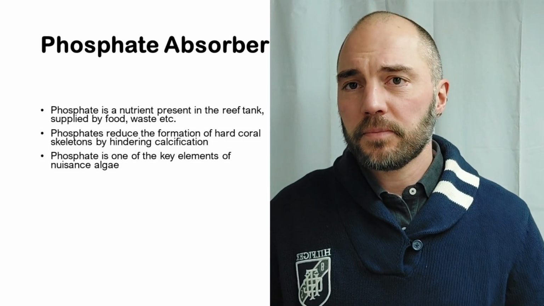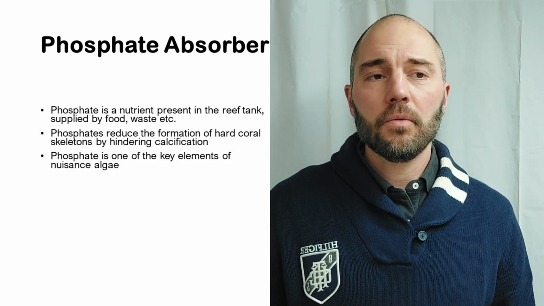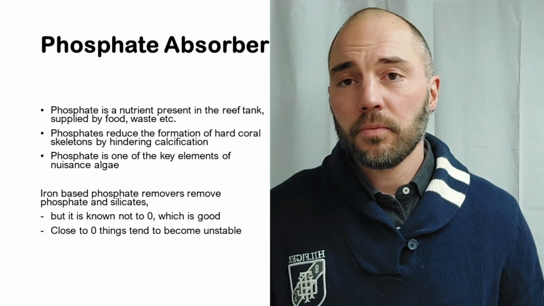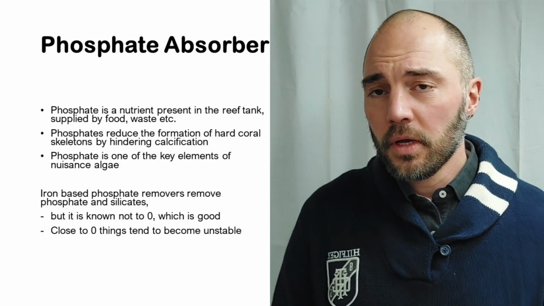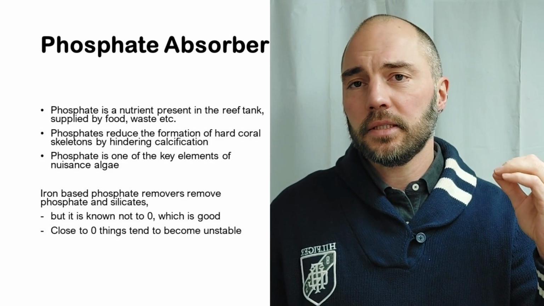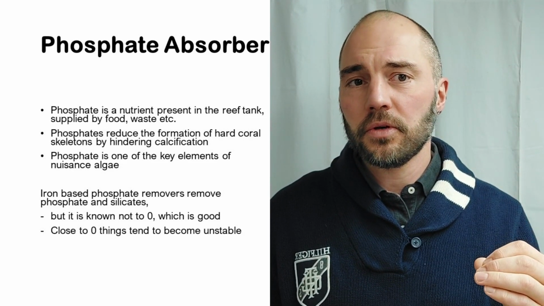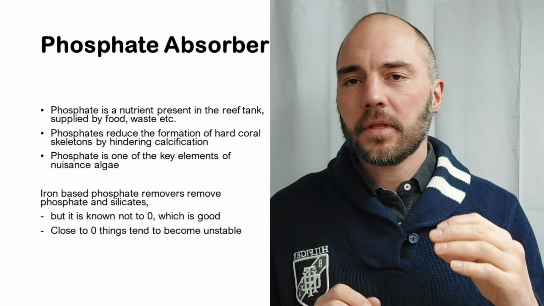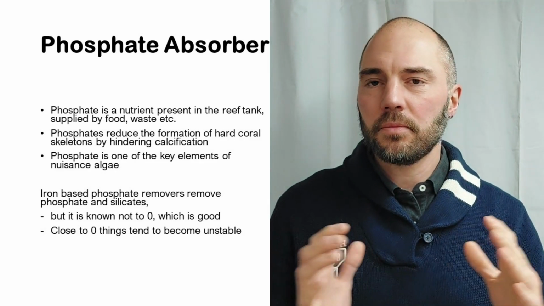There are different types of absorbers for phosphate, and one type is the iron-based phosphate absorber, and it removes phosphates but also silicates. Now, one of the things with iron-based is that it is known not to reduce phosphates down to zero, which is actually good, because close to zero phosphates, the tank tends to become a little bit unstable, and typically we want stability in our tank.